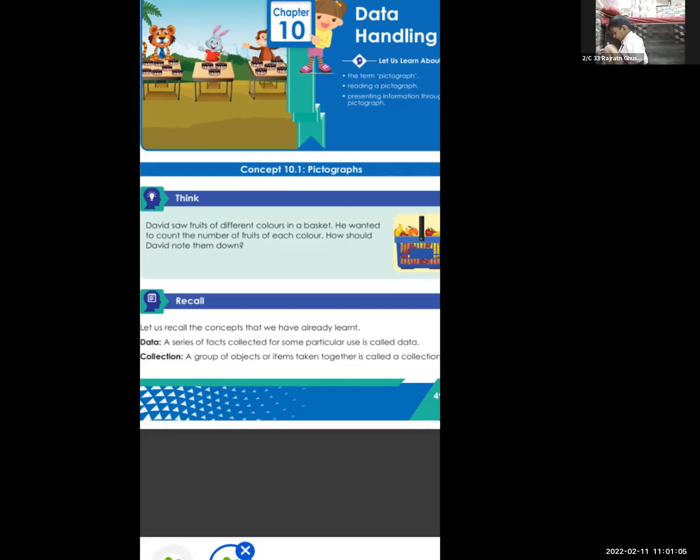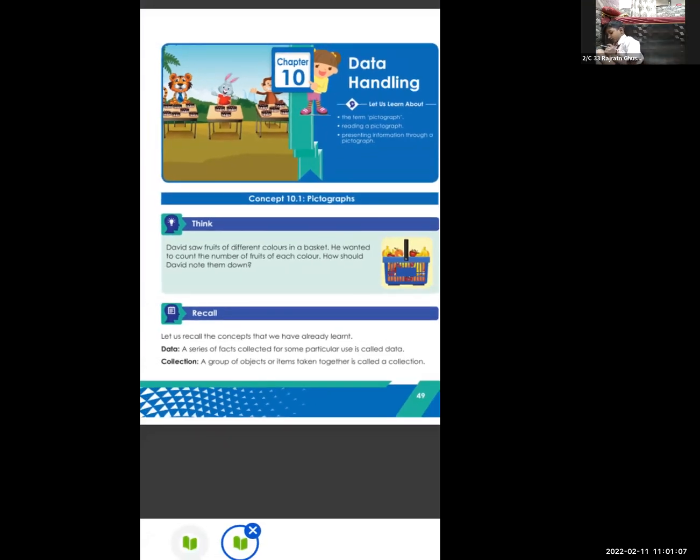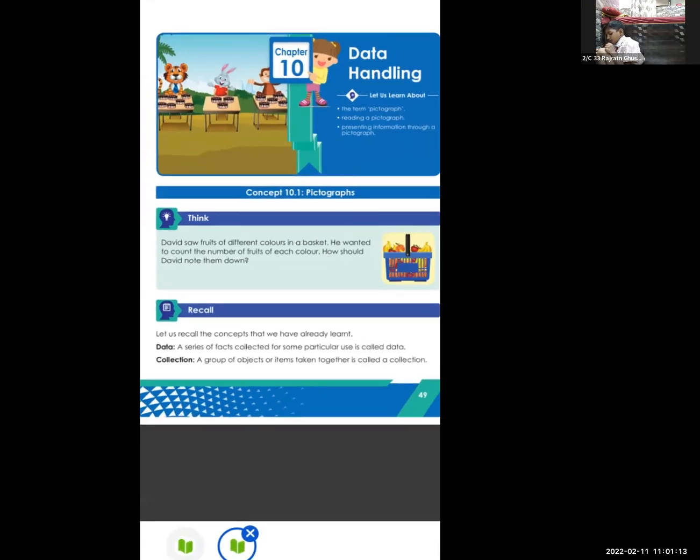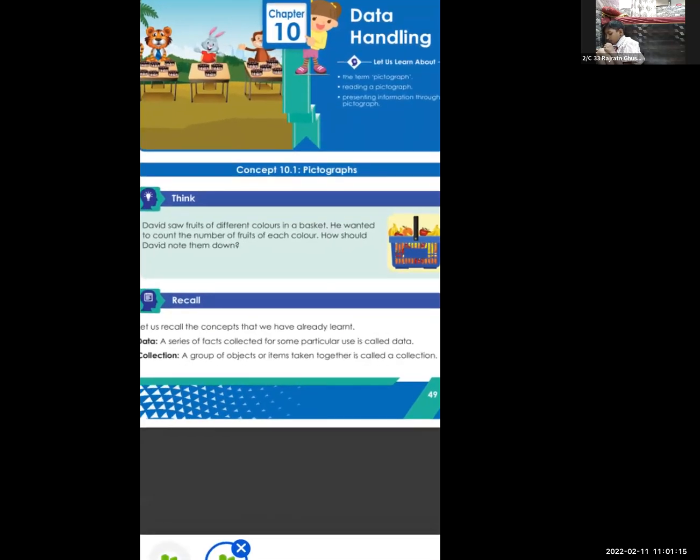And what is meant by collection? A group of objects. We can make a group of objects like a book, pencil, eraser. So a group of objects or items taken together is called a collection. The things we put together in our bag are a collection, our collection of the bag.